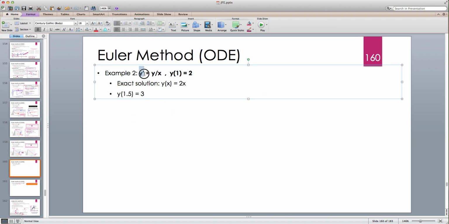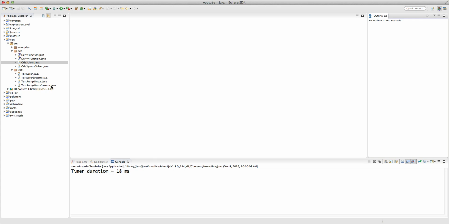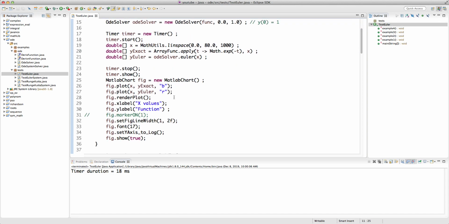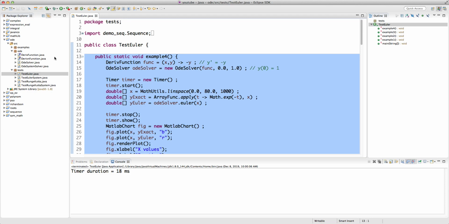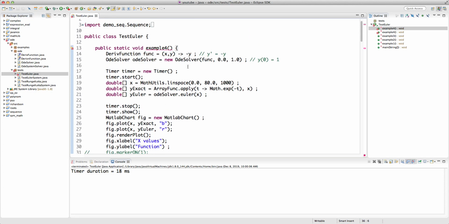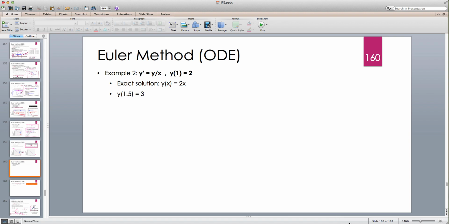Here I have y prime equals y over x, and y of 1 is 2. All right, let's go here. Let's call this, for example, example 5. I can just copy and paste this one. So in example 5, y prime is y over x.